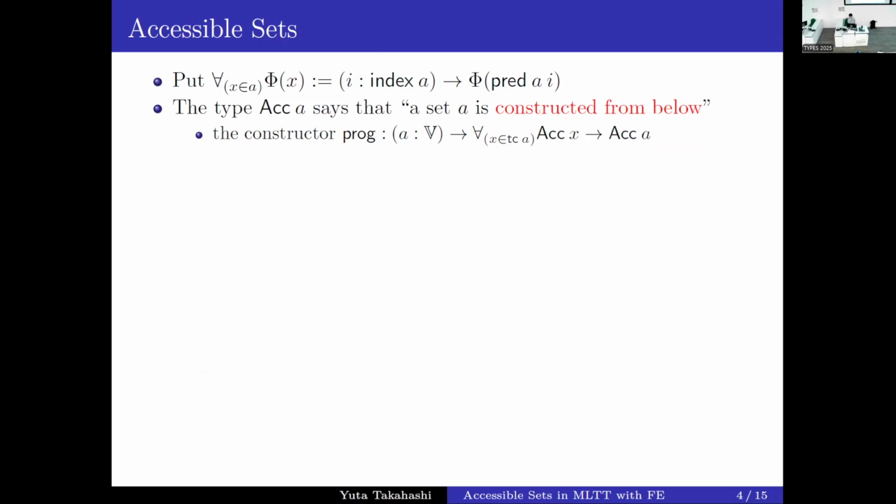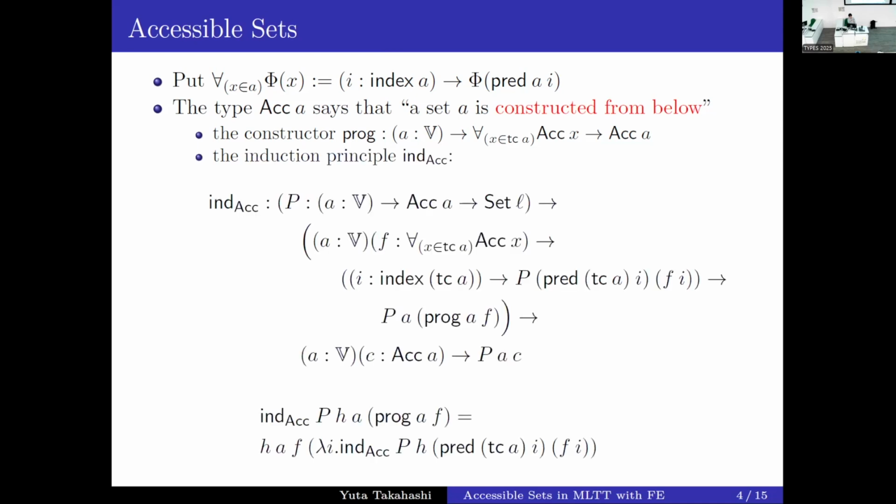A is constructed from below. Then the accessibility predicate has this induction principle. But again, we can ignore this detail. But please note that the accessibility predicate has this relatively simple computation rule.